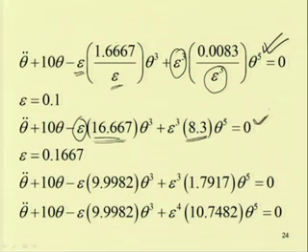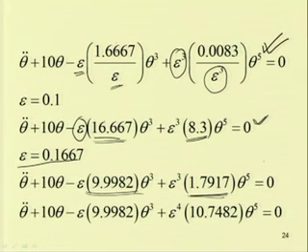Now let us take another parameter, epsilon equal to 0.1667. In that case the coefficient becomes 9.9982, which is almost equal to 10, and this coefficient becomes 1.7917.